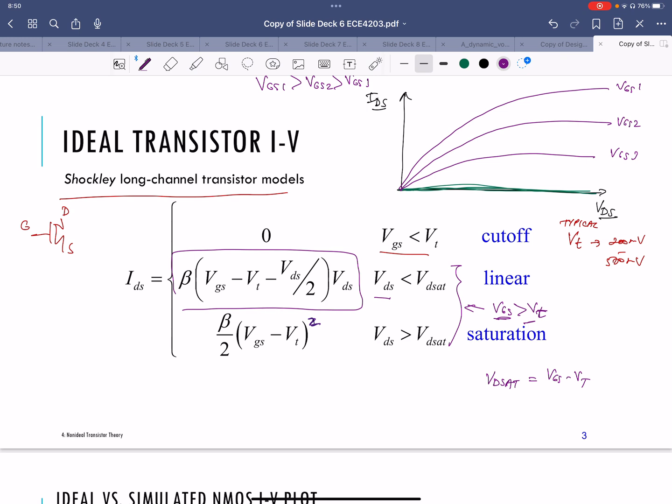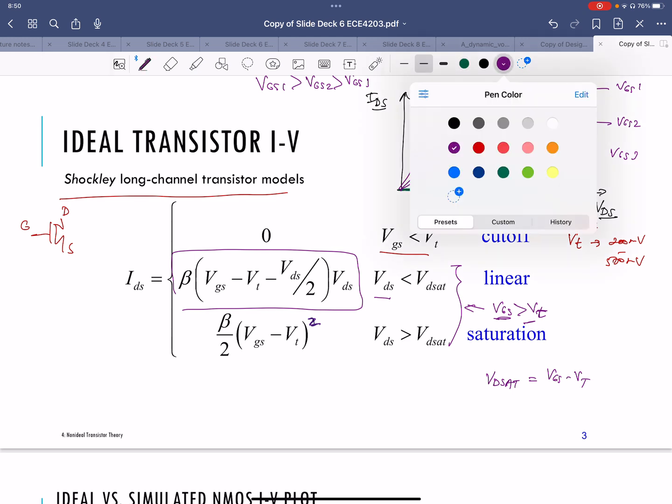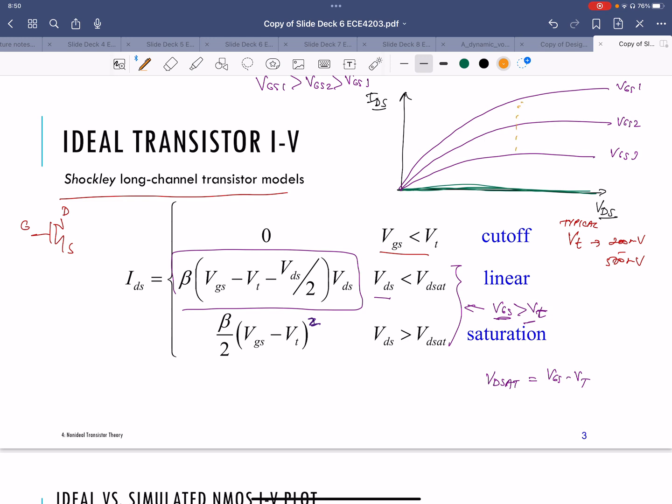For each one of these curves, the value of VD sat is different: VD sat 1 corresponds to VGS 1, VD sat 2 to VGS 2, and VD sat 3 to VGS 3.